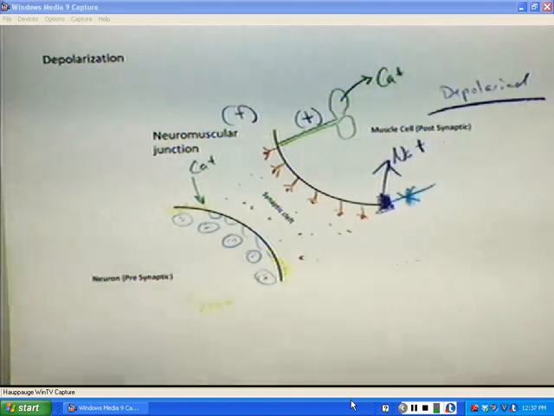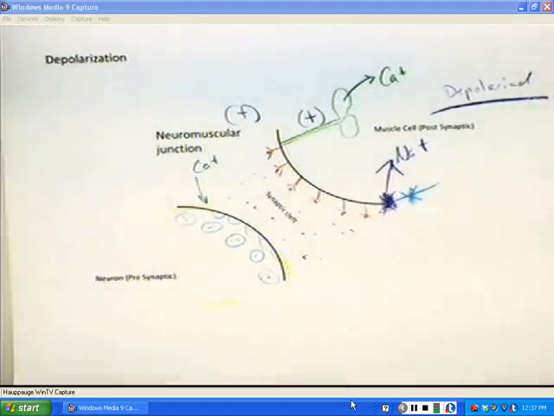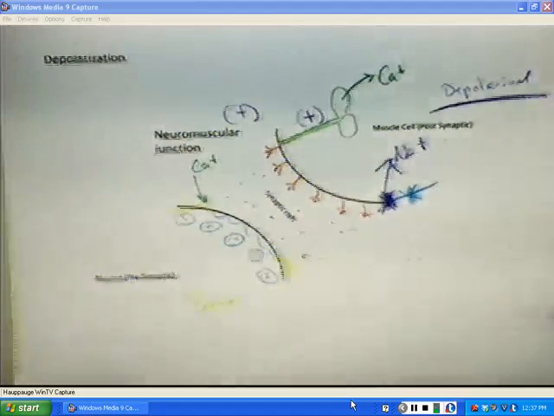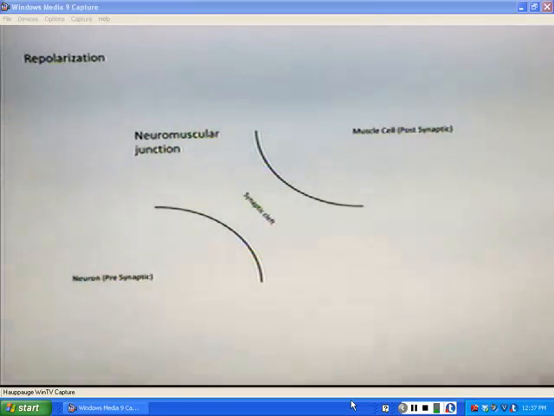By the end of this, we find out that the sodium gates will close because of the ultimate change. And when the sodium gates close, the cell has contracted and it's done. We then have to reset the cell once more. Resetting the cell, remember, requires the sodium-potassium pump.